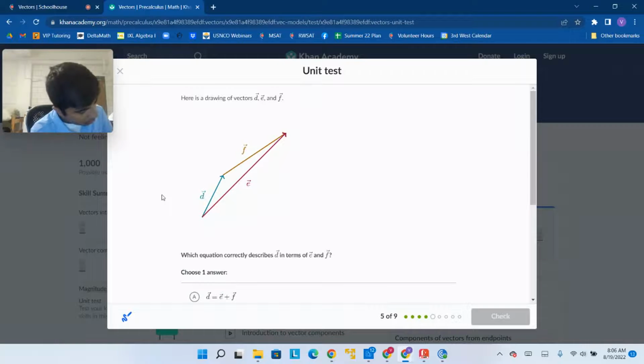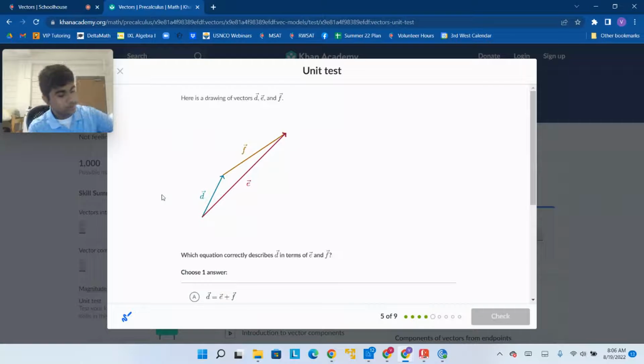Let me draw that out. Alright. So I got my vectors here. 3 vectors. What do I know?